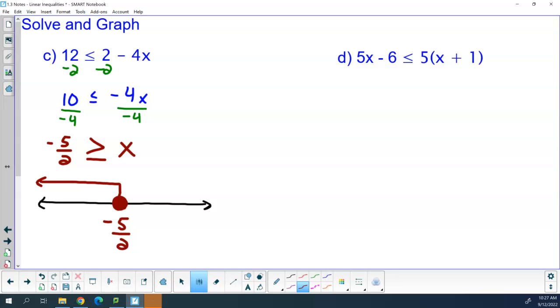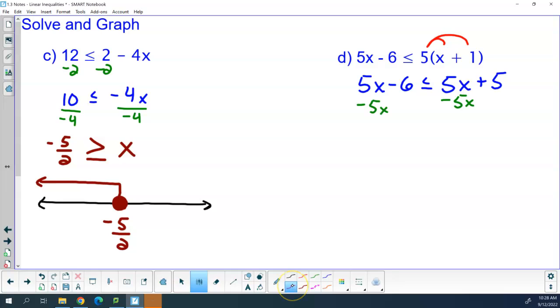On this one, the first thing I would do is distribute my 5. Then I would subtract 5x to get the x's all on the same side.